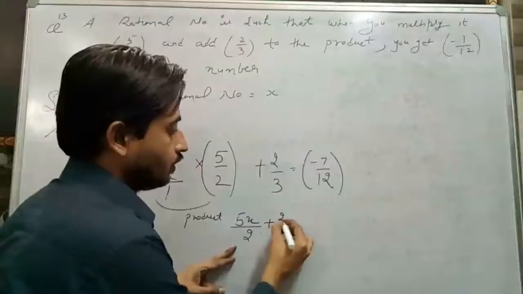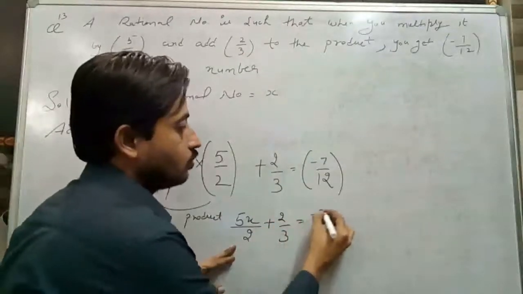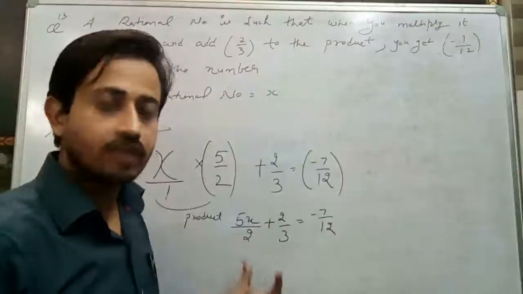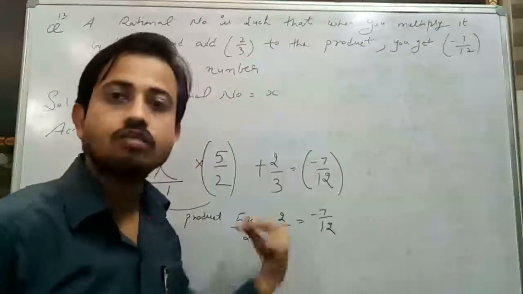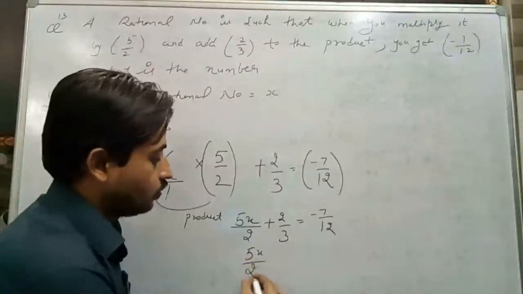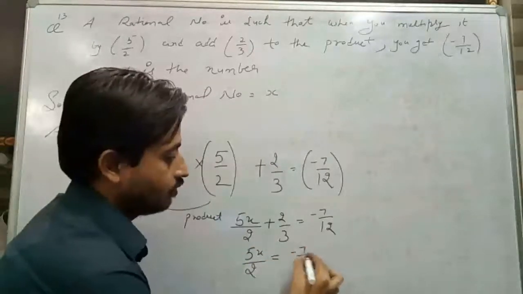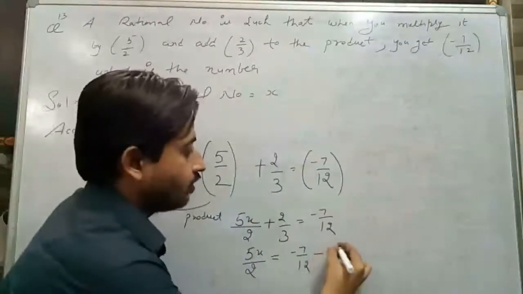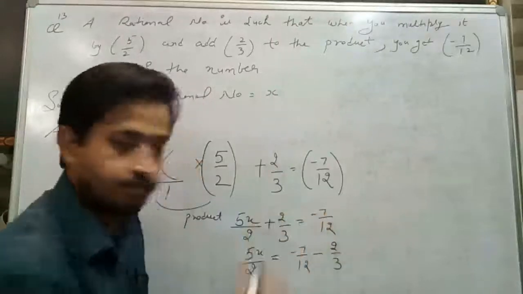Plus 2 by 3, which is equal to minus 7 by 12. And we have to calculate the value of x. So we have to take it on the right hand side. 5x divided by 2 is equal to minus 7 by 12, and this sign becomes negative when we take it on the right hand side.